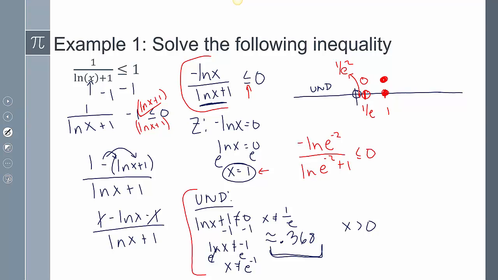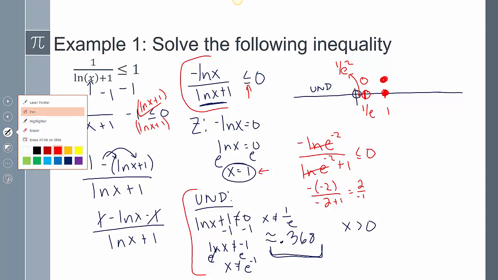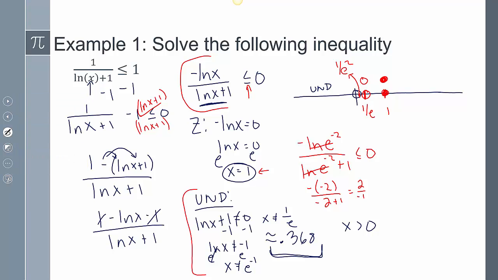Is that less than or equal to 0? Well, those cancel out. So I get negative of negative 2 over negative 2 plus 1. So that gives me 2 over negative 1. That's going to be a negative. So that interval there is going to give me a negative.